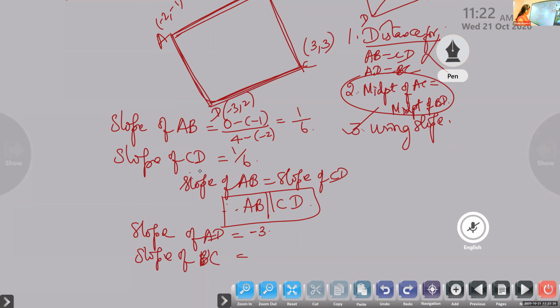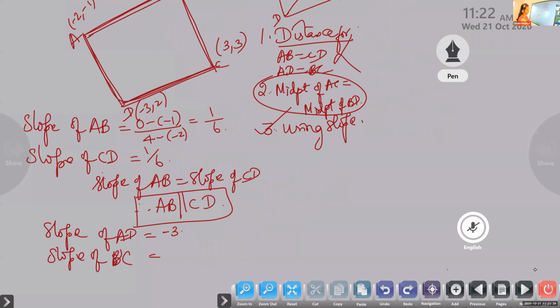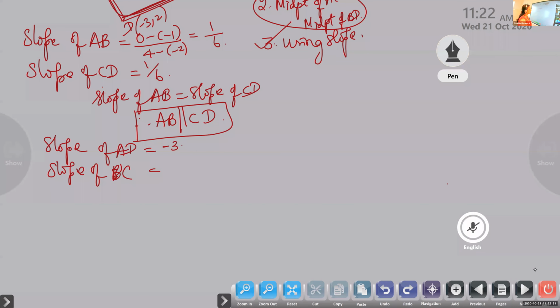So what is slope of BC? Gayatri, what is the answer you are getting here? Slope of BC? -3.